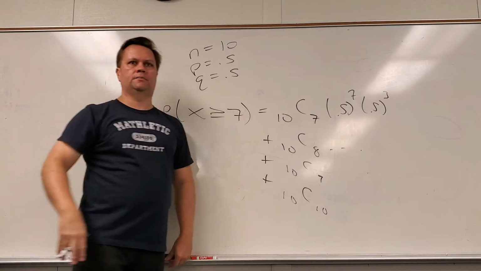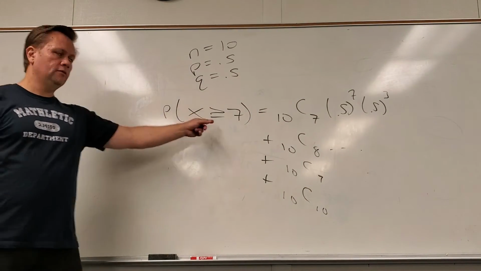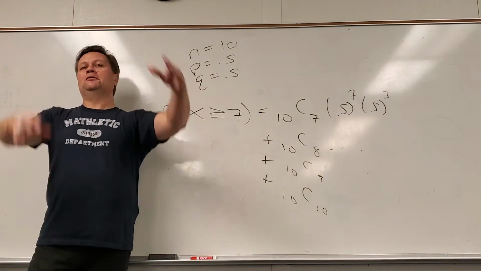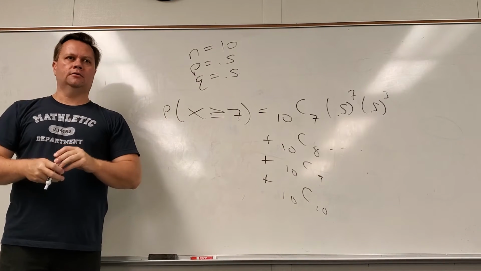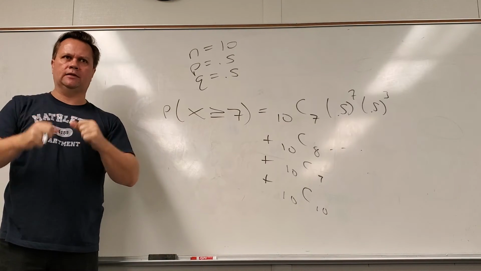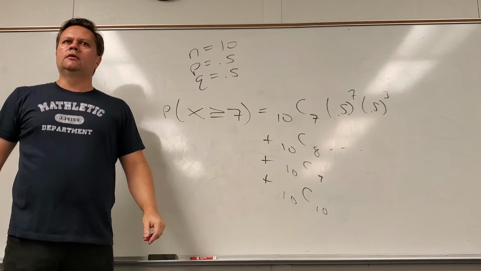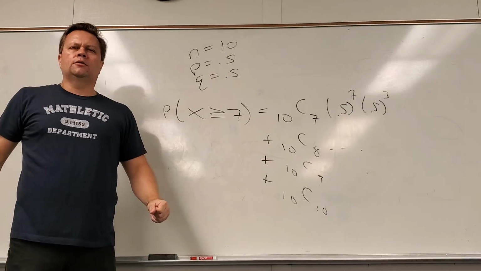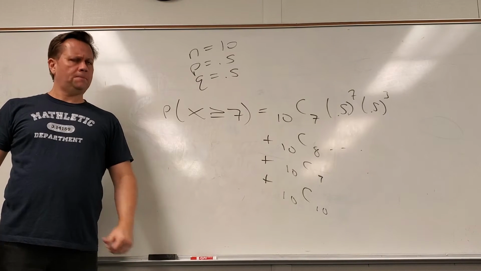Then you have to add all those up. Because how do you get at least 70%? You get 7, or 8, or 9, or 10, and what does or mean? Add. Do you see why I made such a big deal out of or and? What do they mean basically? Because that saves our ass in so many situations. And that's what you add them all up.